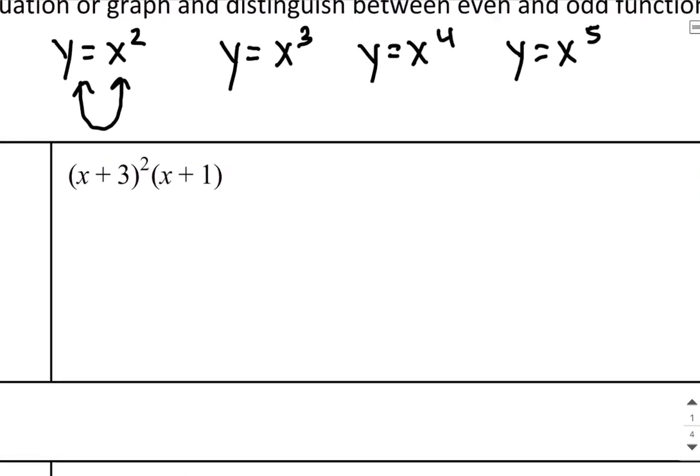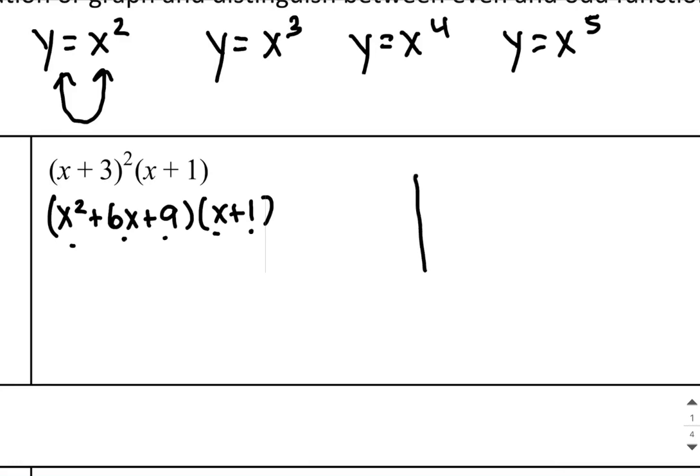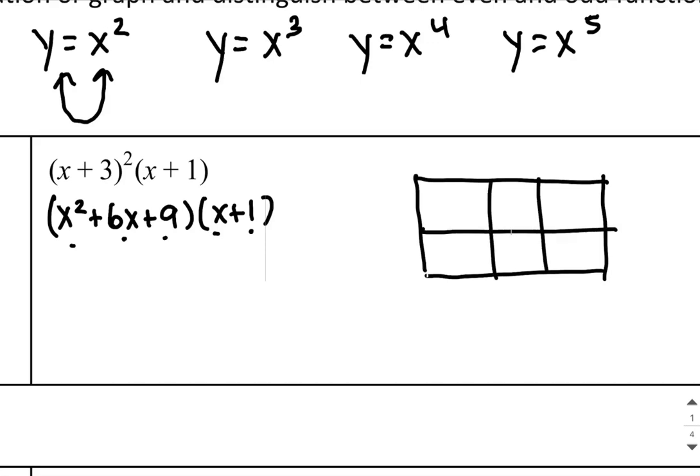What you should have gotten for this example, at this point, x plus 3 squared, we've done it so many times to complete the square. You should know it's x squared plus 6x plus 9. And I'm multiplying that by x plus 1. Now I have 3 terms multiplied by 2 terms. That's a lot of terms to multiply together, so I'm going to make the area box. I'm going to have one side length, x squared plus 6x plus 9, and then the other side length is x plus 1.